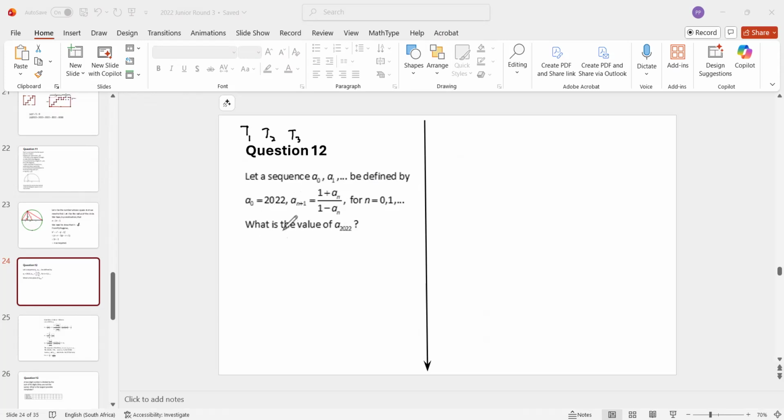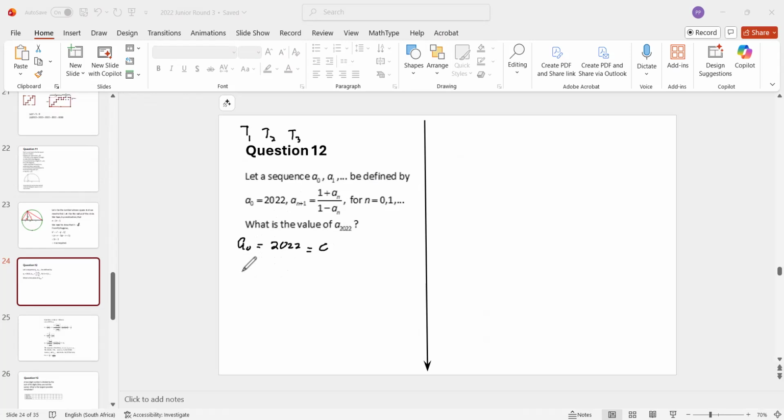All right. So A0 is 2022. Now I'm not going to carry this big number all the way. I'm just going to call it C. So just remember that C is 2022.